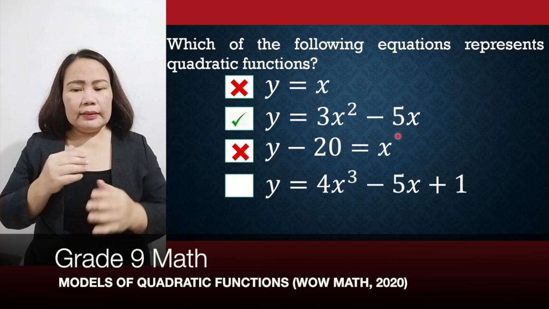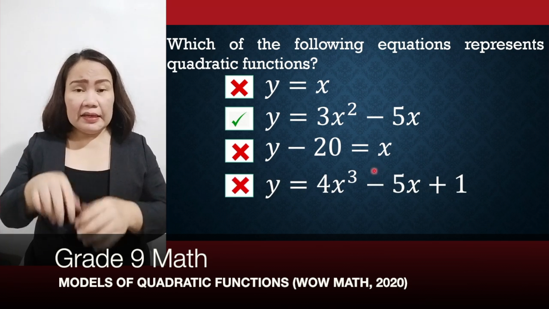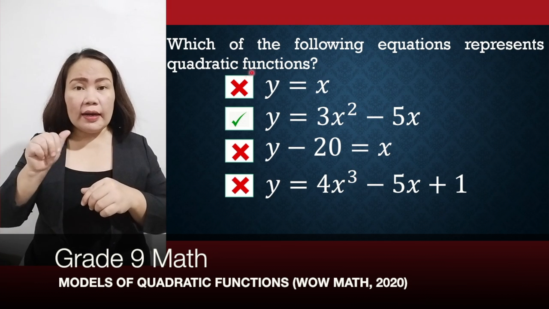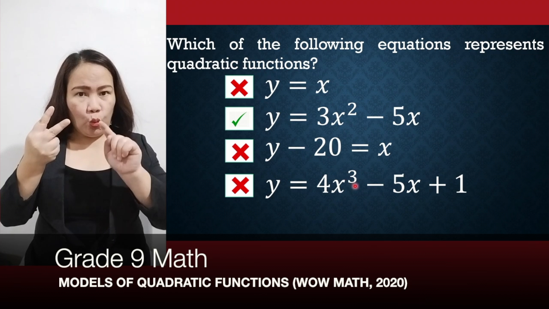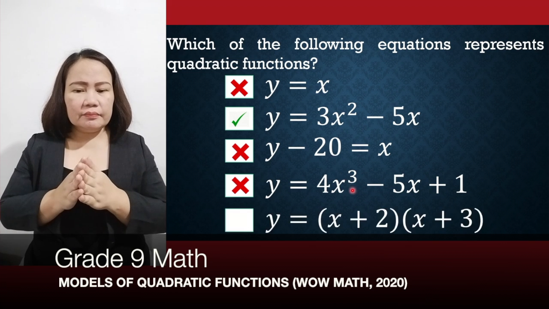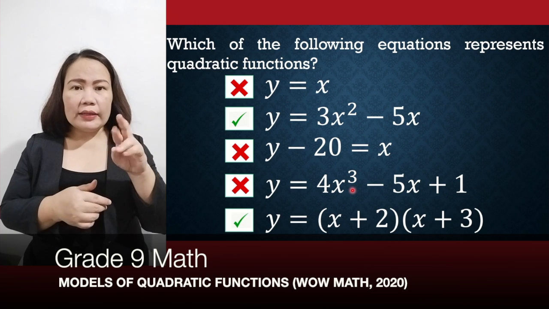Next. This is not a quadratic function. Why? Because the highest degree is 3. In quadratic function, the highest degree should be 2. Since this is 3, this is not a quadratic function. Next. Very good. This is a quadratic function. Why?